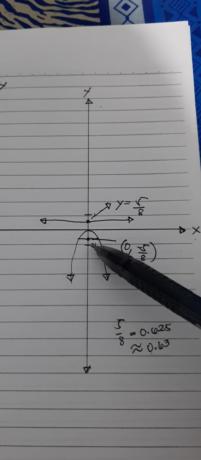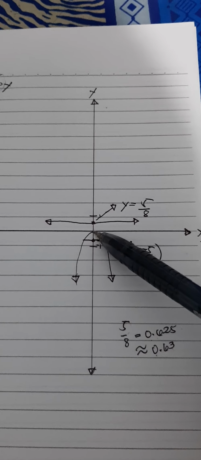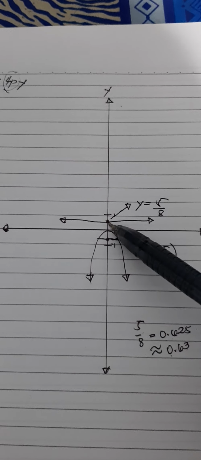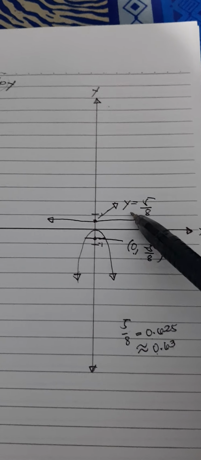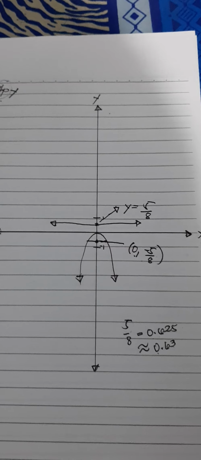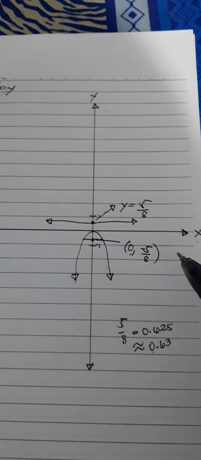So I just estimated the distance from the vertex, or from the center of the Cartesian plane, and we have here the focus, and on the opposite side of it is the directrix, and we have here the line of the directrix and the equation of the directrix. So we have this graph for our equation.